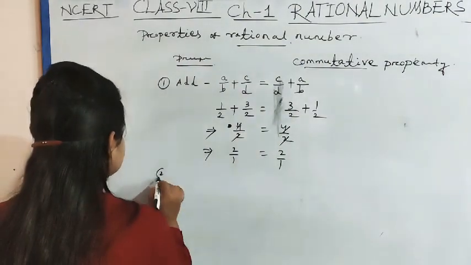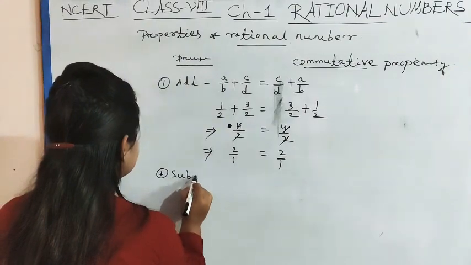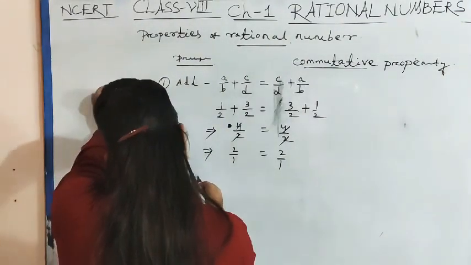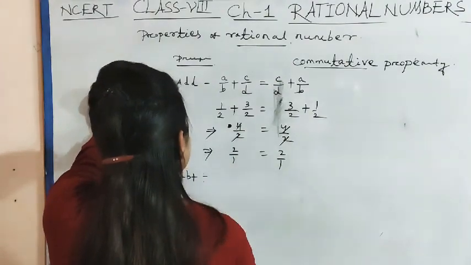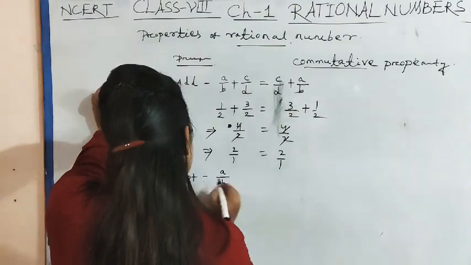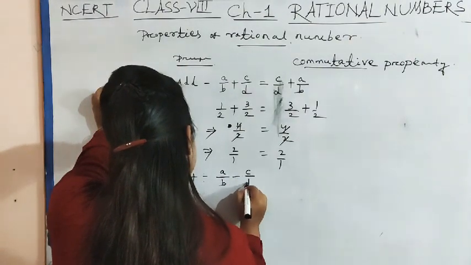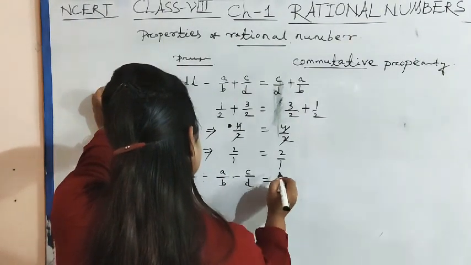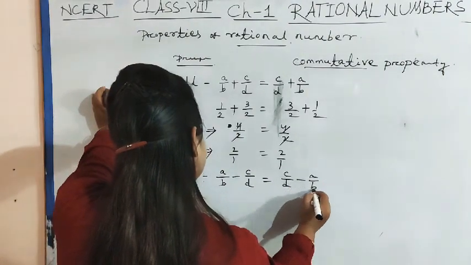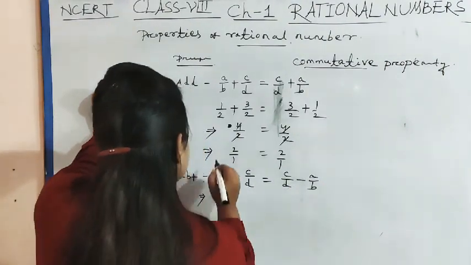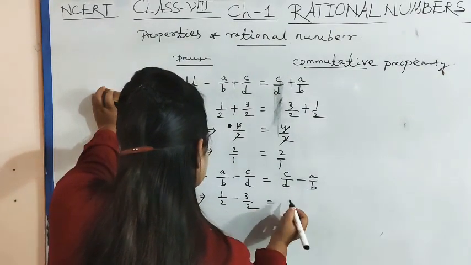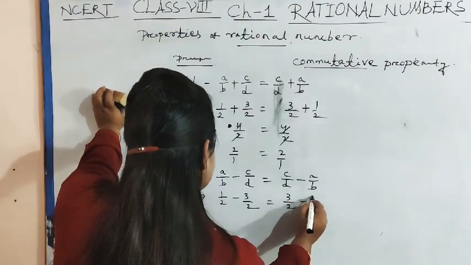The next one is subtraction. For subtraction, is it applicable or not for the commutative property? Let us check. For subtraction, we will take the same question. A by B rational number, C by D another rational number, and we will change the order. C by D first we will write, then A by B. Same question I am taking: 1 by 2 minus 3 by 2 is equal to 3 by 2 minus 1 by 2.